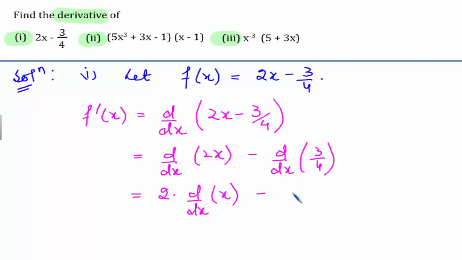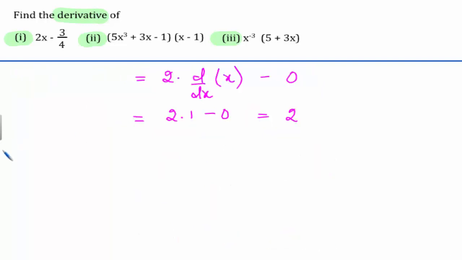This is equal to 2 into derivative of x with respect to x is 1 minus 0, so 2 minus 0 is 2. Therefore, derivative of 2x minus 3 upon 4 with respect to x is 2.